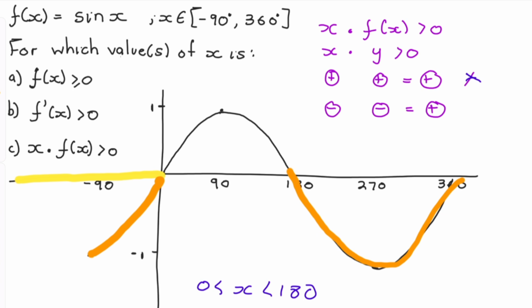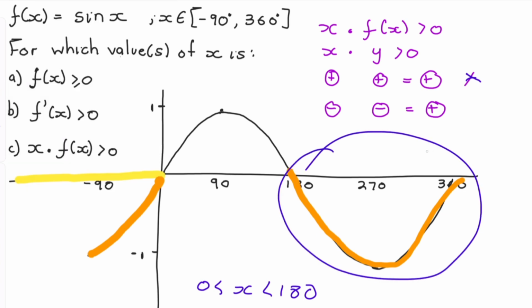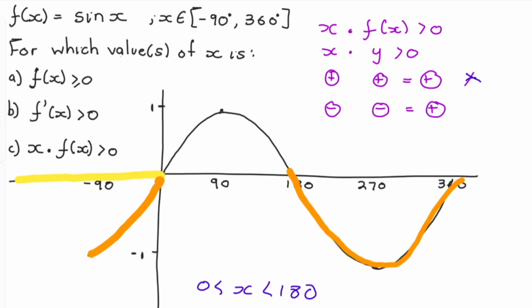So if we look at this, on this side, we have positive x values and negative y values, so that does not give us a positive answer. But over here, we have negative x values and negative y values, so that gives us a positive answer. So that is between minus 90 and 0. So our second solution would be when x is greater than minus 90 but less than 0.